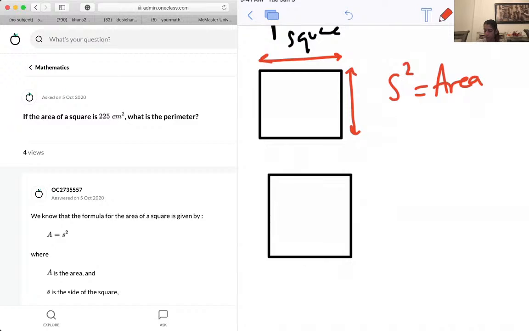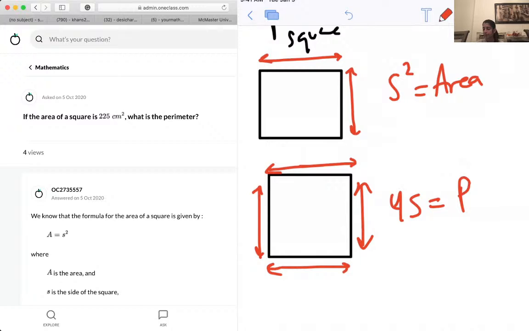So from here, all of this. So 4s is equals to the perimeter.